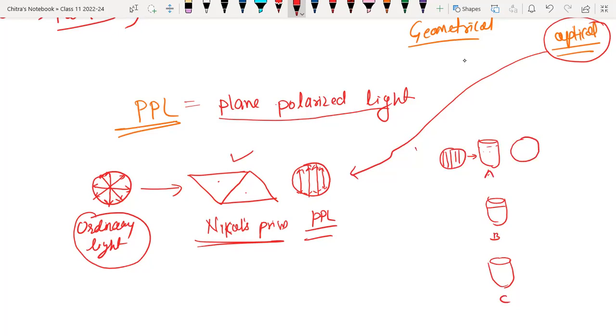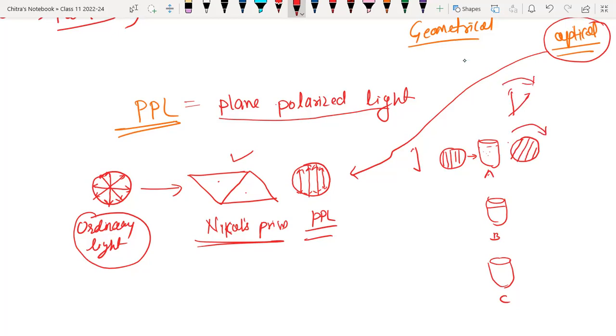Suppose it was like this, but it has changed like this. So that solution has the capacity to rotate the plane polarized light. It was like this, but now it is like this, which means it rotates in the clockwise direction, right?